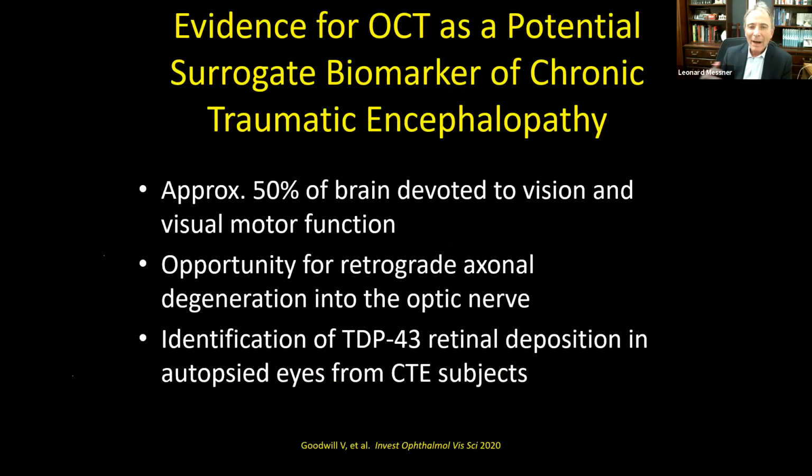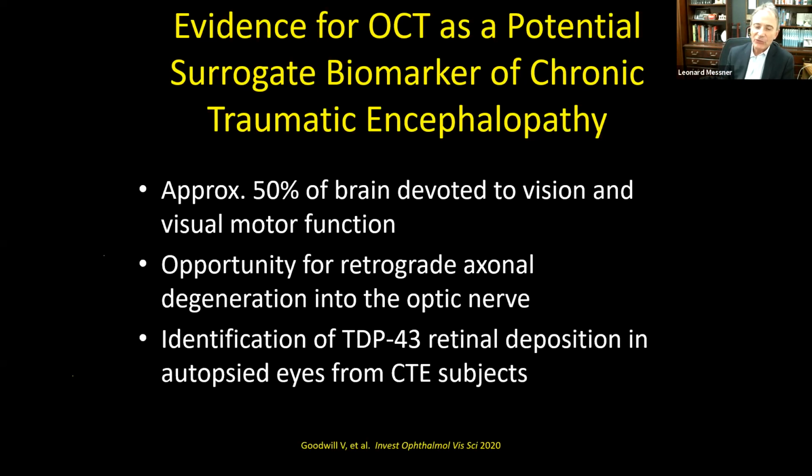So why am I talking about this? Well, very simply, if we think about CTE and the potential use of vision or ocular biomarkers, what is the science? Well, first of all, we know that by volume, approximately 50% of the brain or more is devoted to vision and visual motor processing.